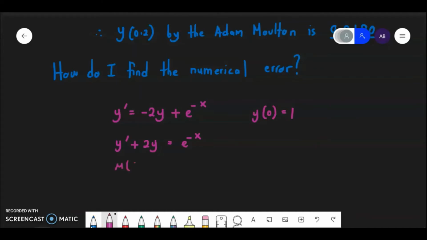My mu of x equals e to the integral of 2 dx, which is 2x, so e to the 2x. Now multiply this equation on left and right with your integrating factor. So I have e^2x y prime plus 2e^2x y equals e^2x multiplied with e^(-x).